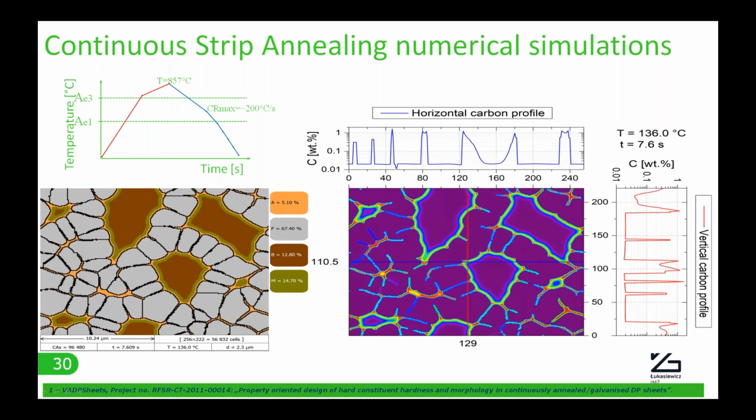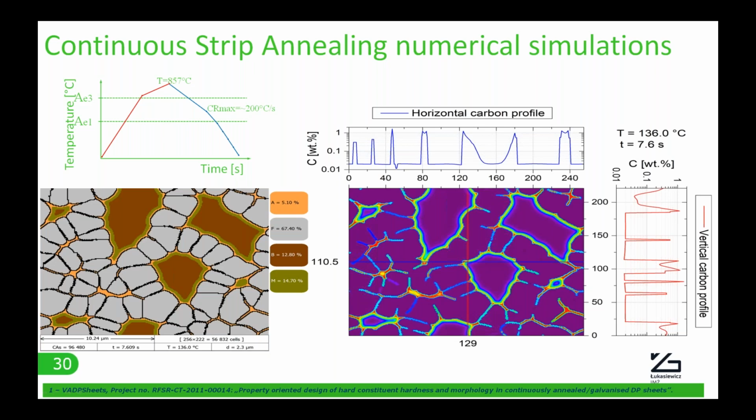Specifically, it allows tracking the distribution of carbon in the microstructure at subsequent technological stages, which is essential for the distribution of microstructural constituents in the final microstructure, and thus for mechanical and use properties. That was one of the crucial aspects to build this model and finish the VetPrits project.